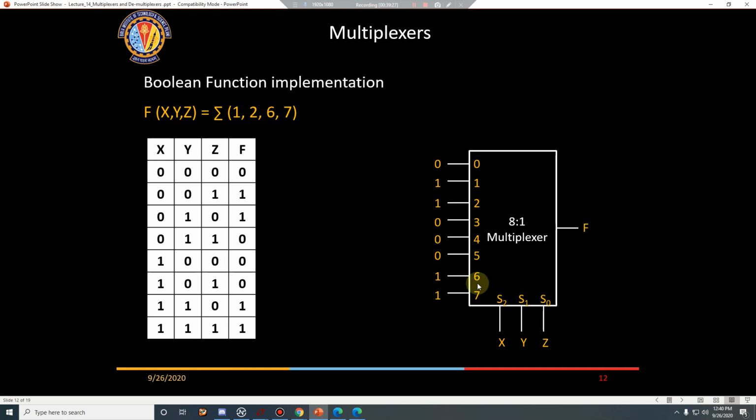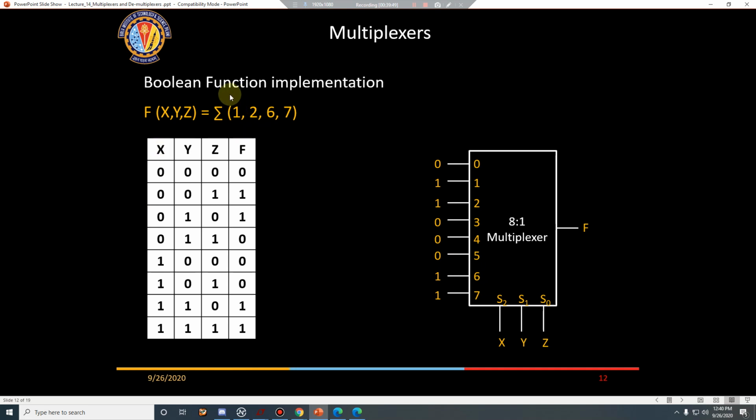Okay, let's try. You have to expand this. Shall we leave it to the tutorial? Okay, let's try. Let's take for example minterm 6, where x is equal to 1, y is equal to 1, z is equal to 0. So this line will be activated.